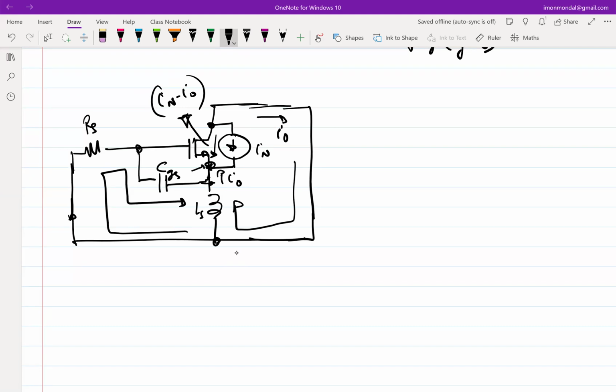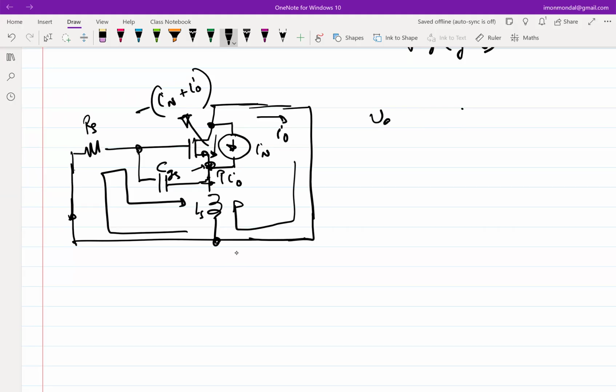Okay, so let's do the KCL at this node. So what do you get? So this ID plus I naught plus IN is equal to 0. So if this is ID, I have assumed this IN to be this. Okay, fine. So essentially ID is negative of I naught plus IN, right? So if the current through that GM is this much, I know the VGS basically divided by that current, right?